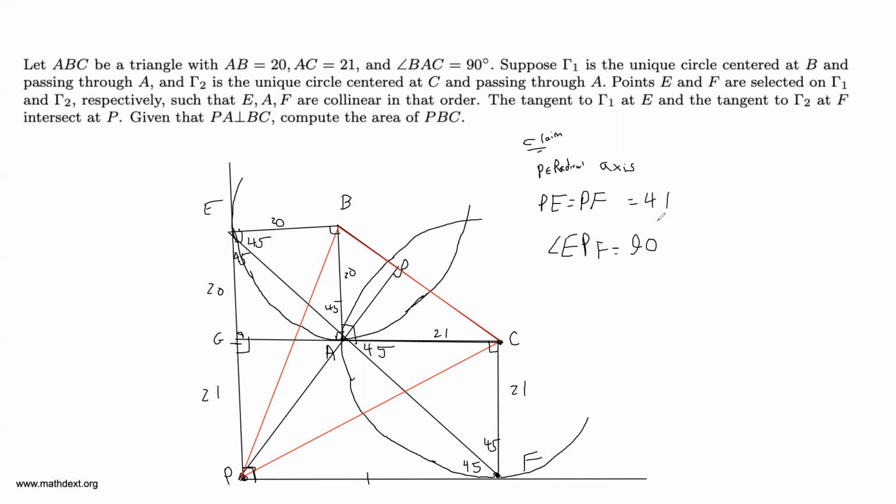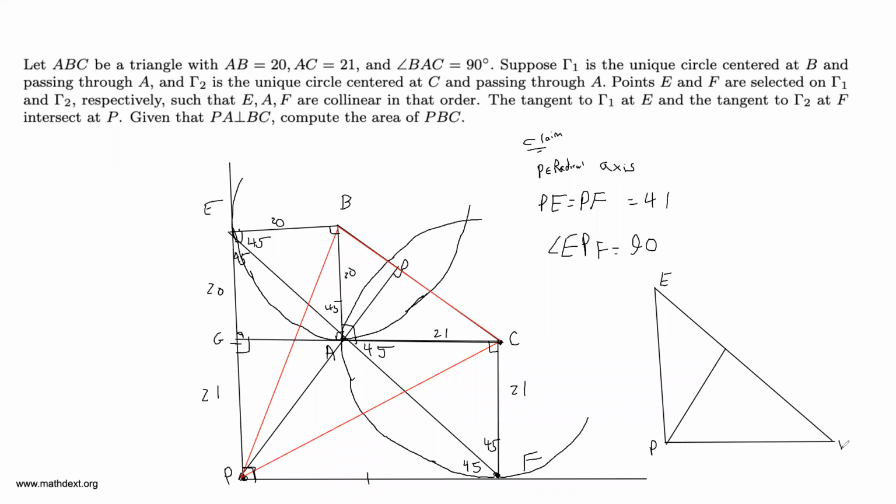Okay, so now let's stop for a moment and take a look at triangle PEF, which is what we're really focusing on. And I'm also going to draw point A. We've learned a lot about this triangle PEF.